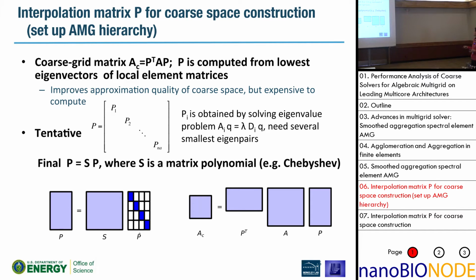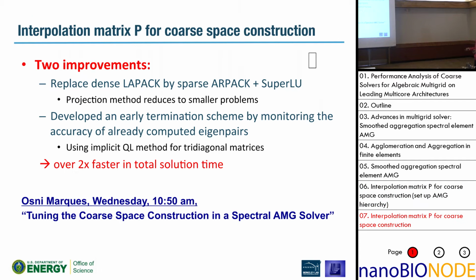Computationally, S times P is a sparse polynomial of matrix A multiplied by this, so it's a sparse matrix multiplication. Then to get the coarse-grid AC, it's sparse matrix, sparse matrix, sparse matrix. So it's a triple sparse matrix product. That's the computational kernel, and then the eigenvalue problem for building the hierarchy.